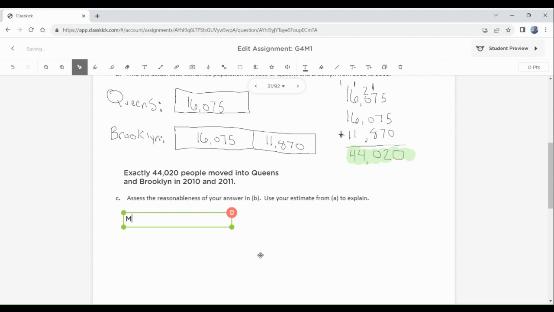So my answer is reasonable because the estimated amount of 44,000 is very close to the actual amount of 44,020.